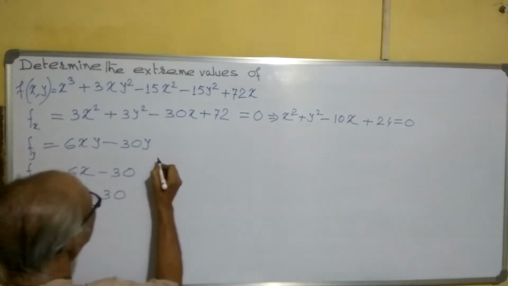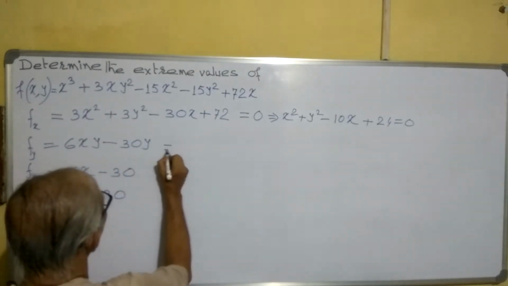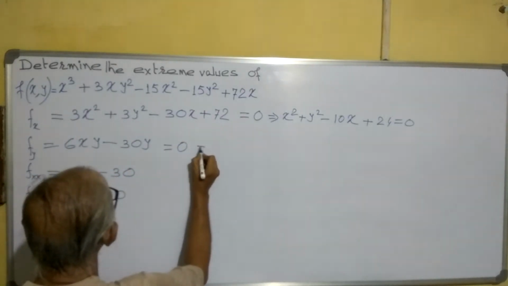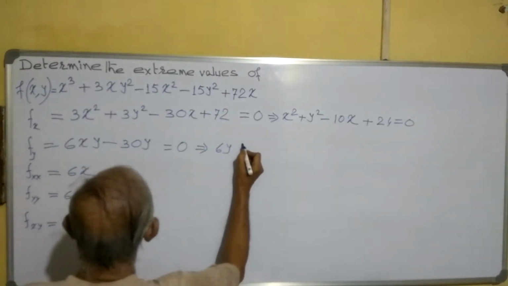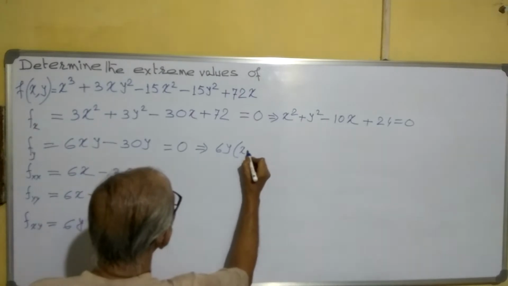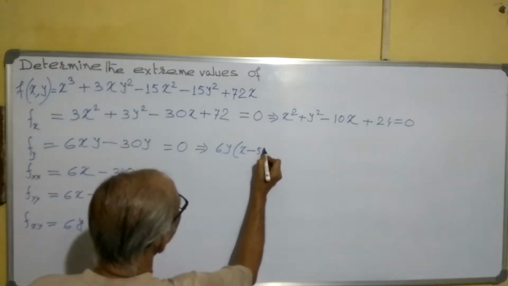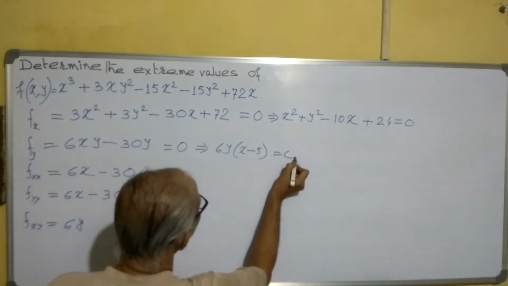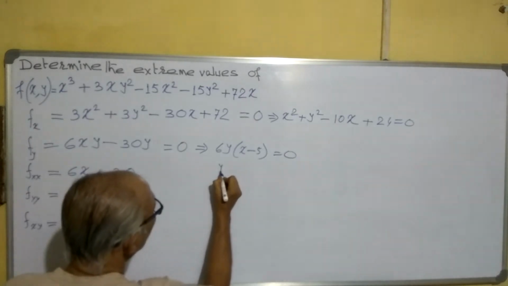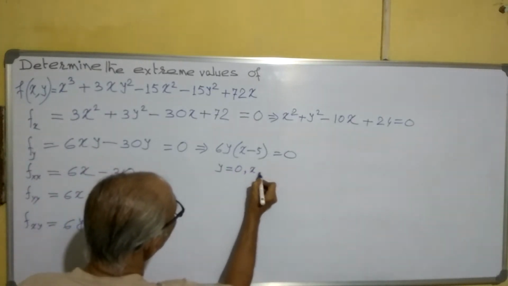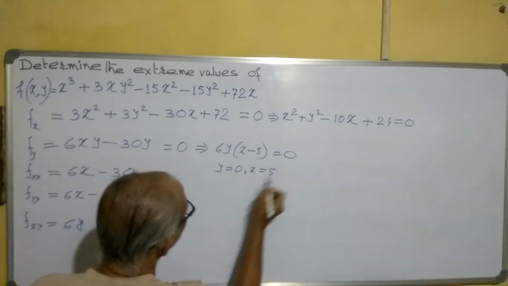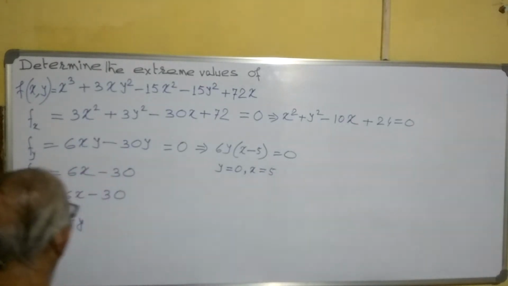If we say this one equals 0, from here what are we getting? 6y into x minus 5 equals 0, that is either y equals 0 or x equals 5. Okay, this we are getting.